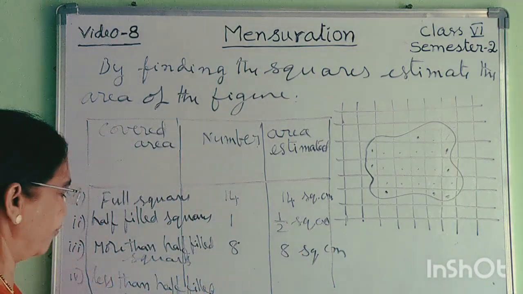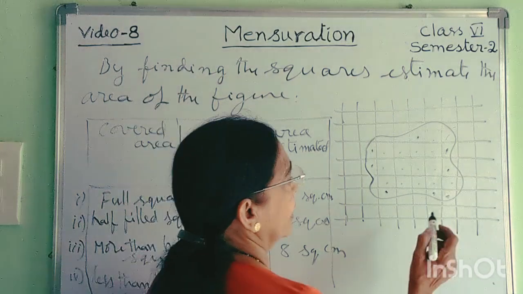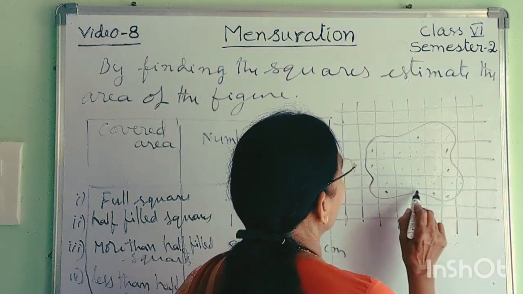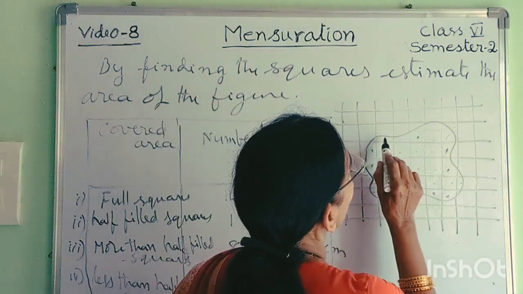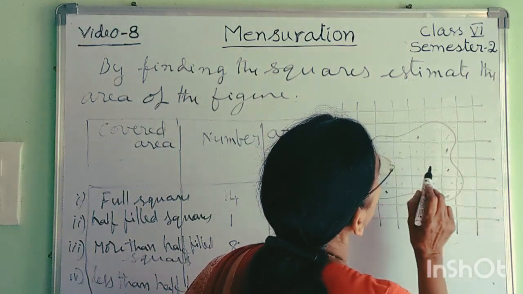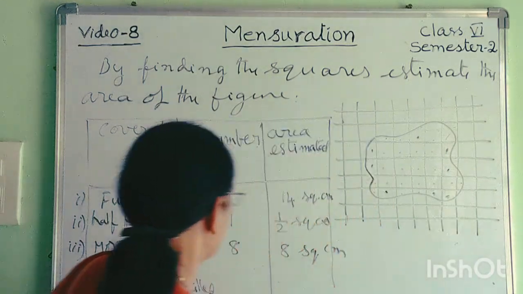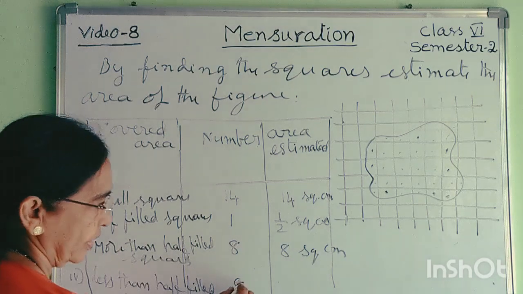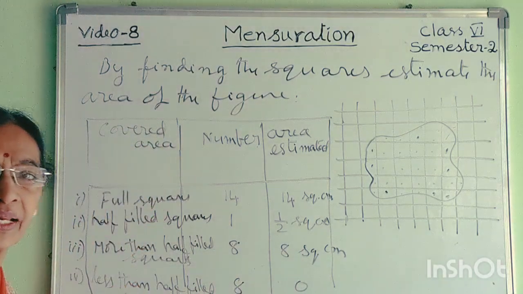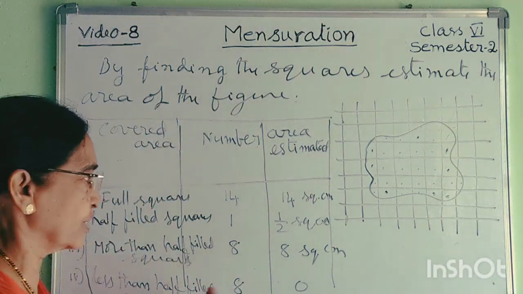Next, less than half filled squares. They are neglected. Whatever, 1, 2, 3, 4, 5, 6, 7, 8. 8 squares were less than half filled, but they are neglected. Their area is taken as 0.